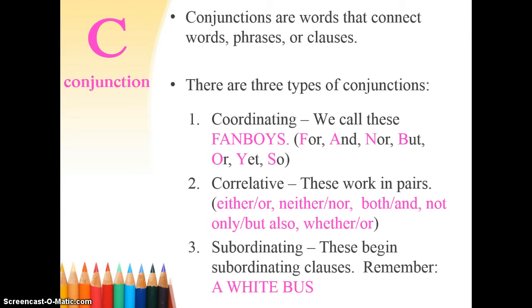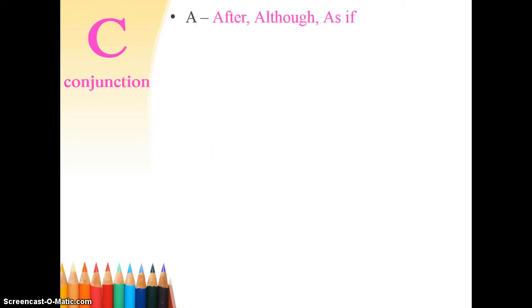And there are subordinating conjunctions. Subordinating conjunctions are going to begin subordinate clauses. In order to remember the subordinating conjunctions, I teach my students to remember A WHITE BUS. A can stand for the words after, although, as if. W could stand for when, where, and while.